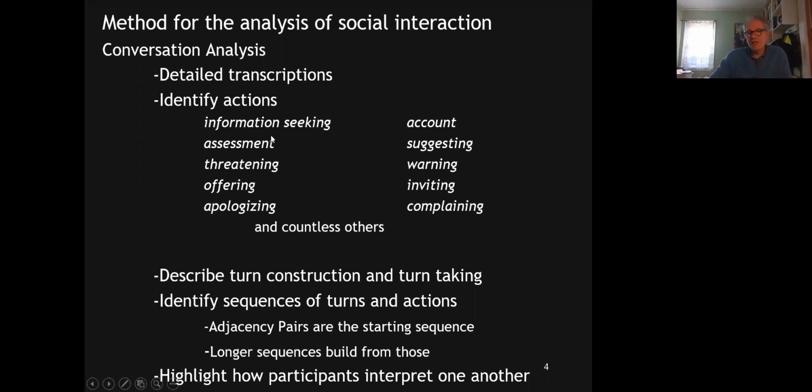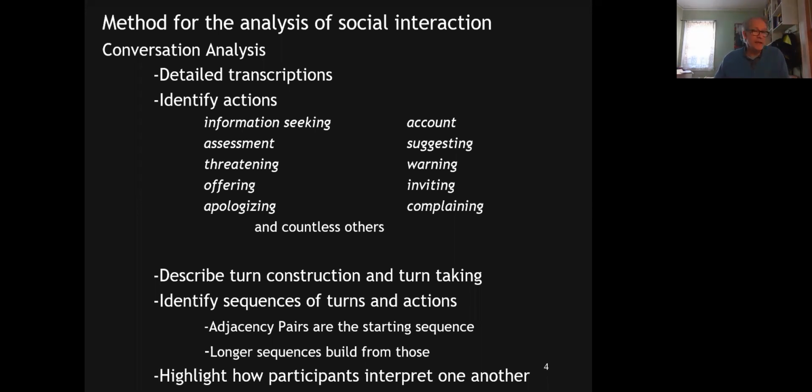We talked about question answer as an adjacency pair. Sometimes it's important to break down what kind of question it is. Is somebody seeking information or are they doing something else? So question is often seen as a general grammatical category, and there may be different kinds of actions going on with the question, like whether somebody is eliciting an assessment, or eliciting information.